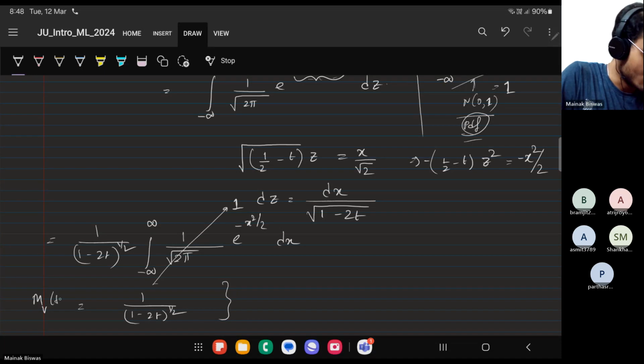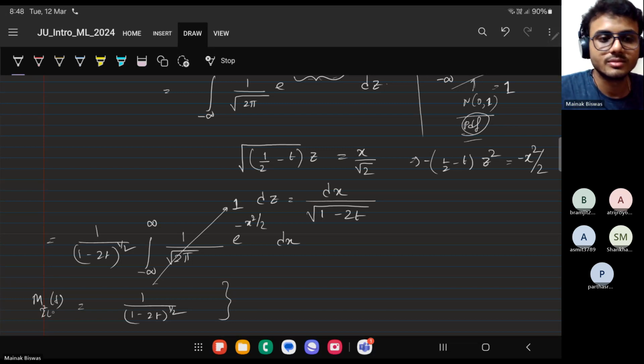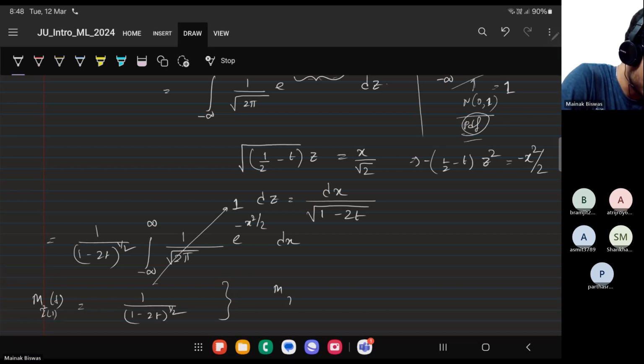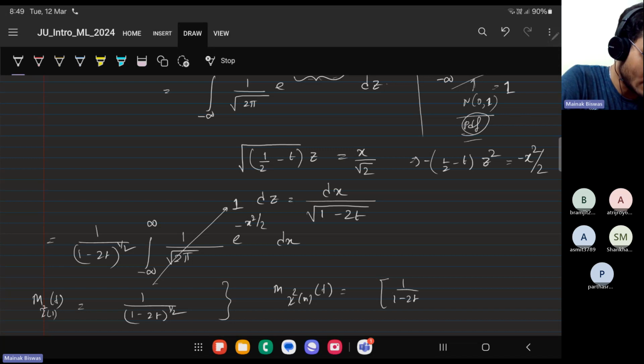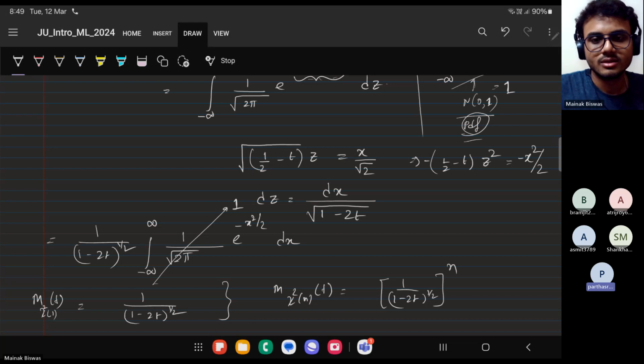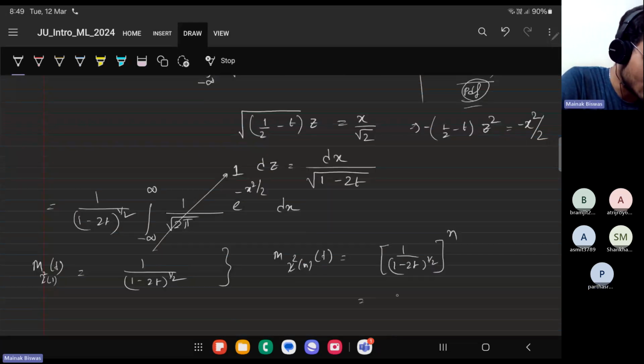This is the mgf of chi-square 1. What is the chi-square n mgf then? It is 1 by 1 minus 2t to the power half, whole to the power n, right? Yes. So now see, this is very useful.